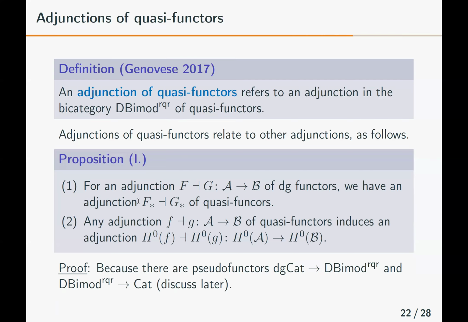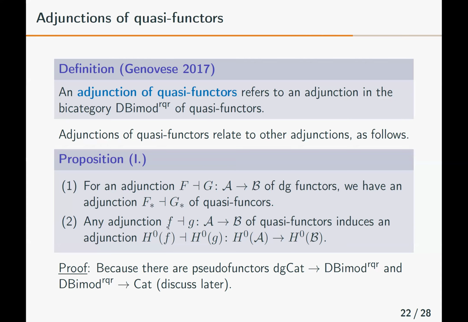Given an adjunction of DG functors F and G, then the associated Quasi functors F lower asterisk and G lower asterisk also form an adjunction of Quasi functors.